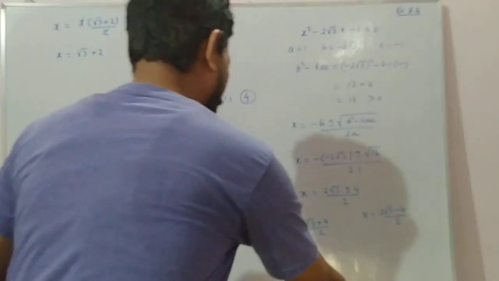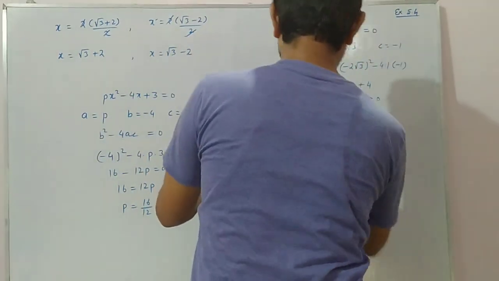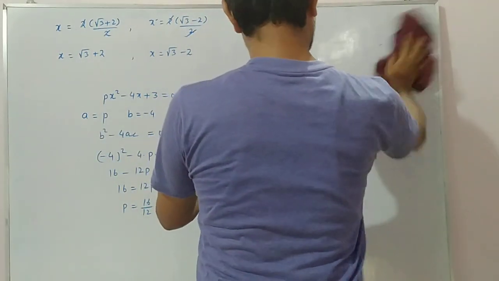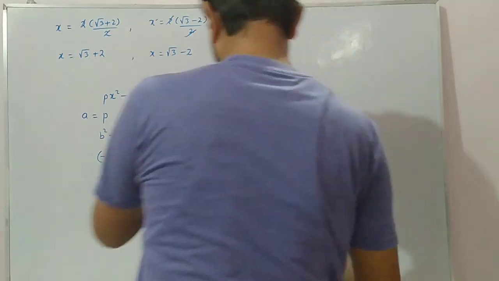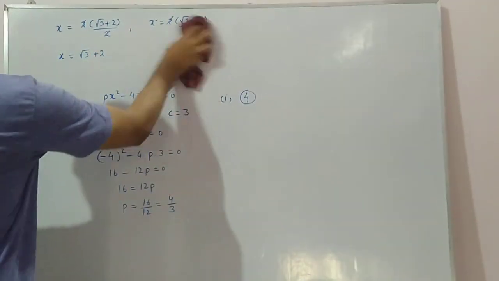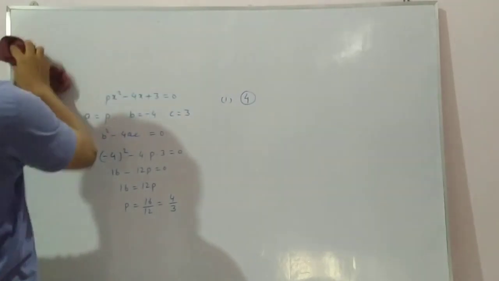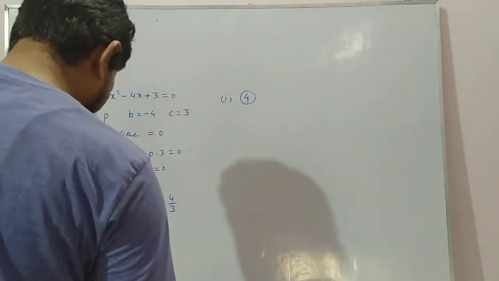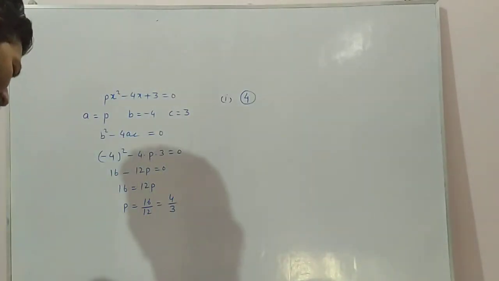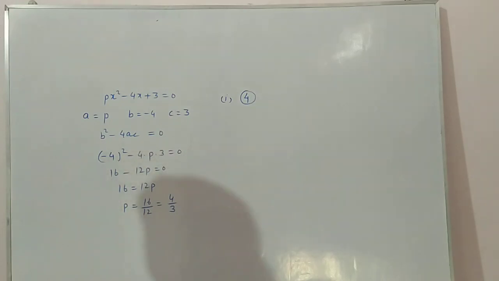Similarly, question number 4, number 2. It is given that without solving the following quadratic equation, find the value of p for which the roots are real and equal.